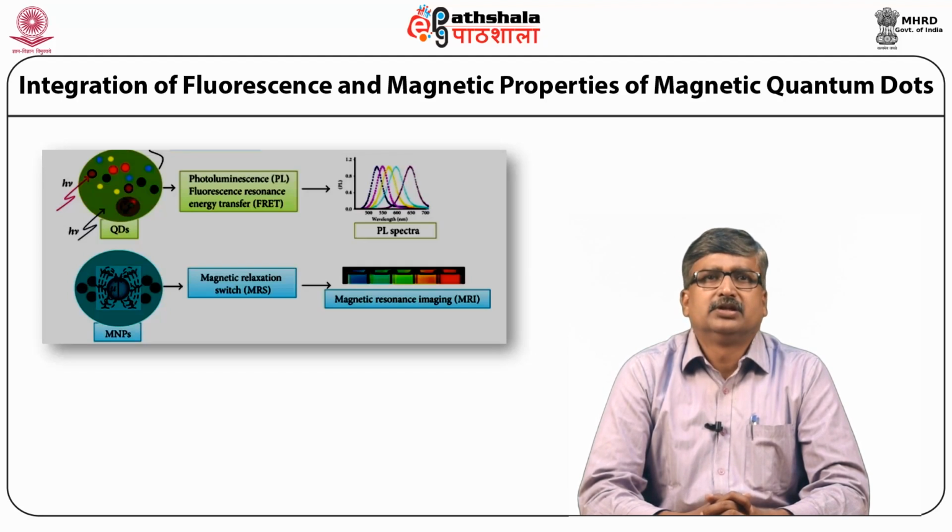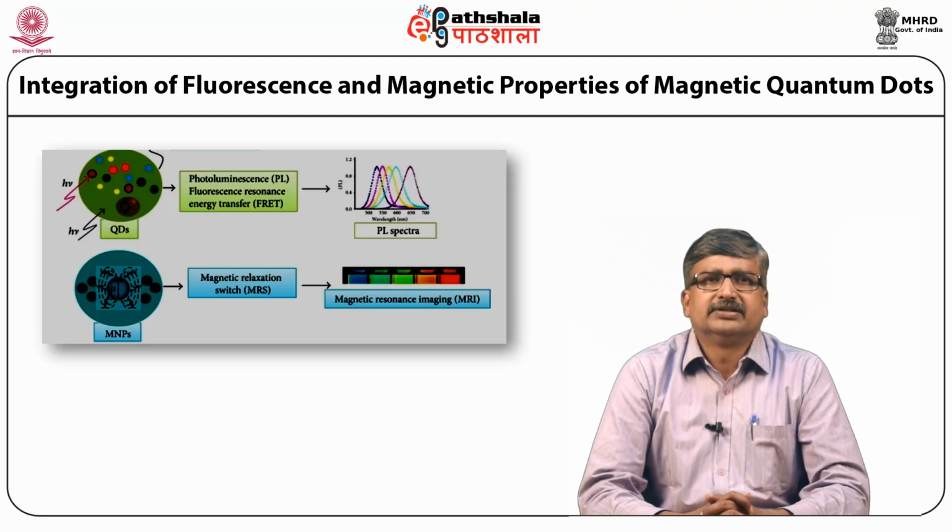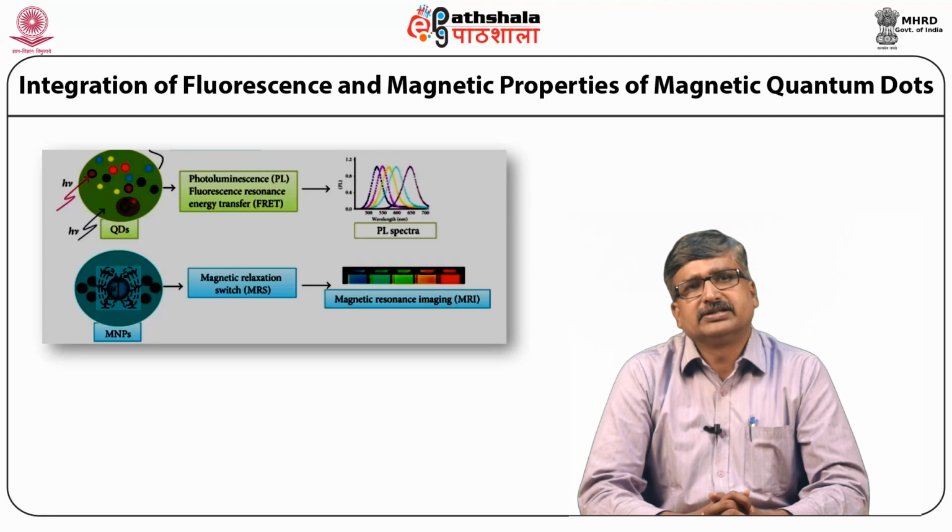The second approach involves doping of paramagnetic ions into quantum dots. The third one is to use a silica or polymer nanoparticle as a matrix for incorporation of both quantum dots and magnetic nanoparticles.